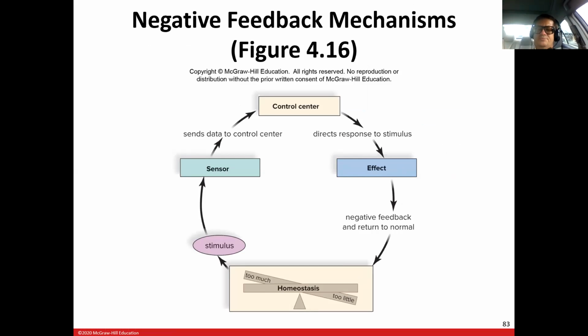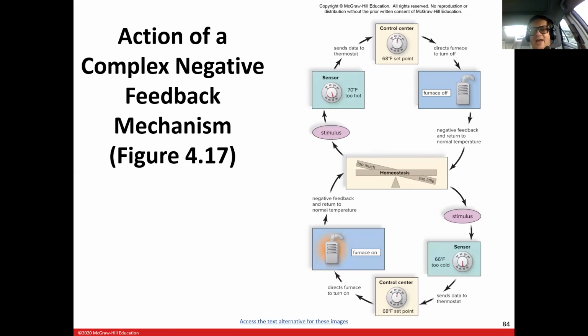All right. So that's a generic drawing. The next page has how that would work in a thermostat on a house, not in a human. But it shows that if things are too hot, you go through this upper loop of things to have happen, and that would cool the body off.